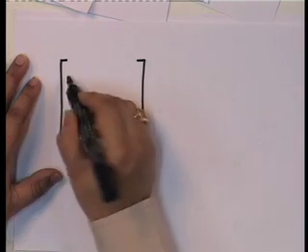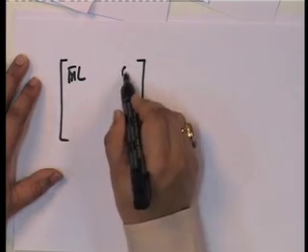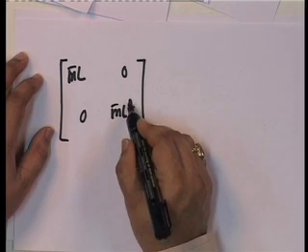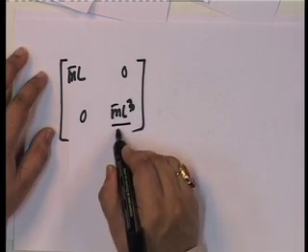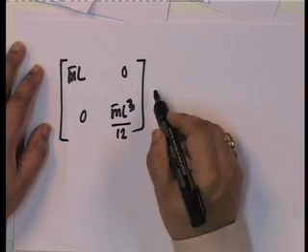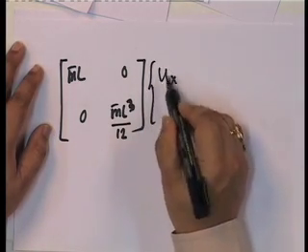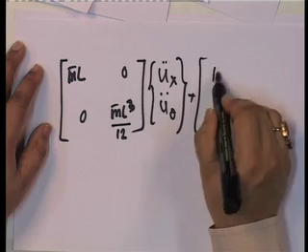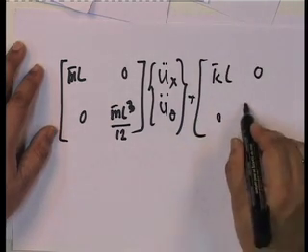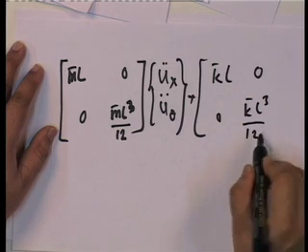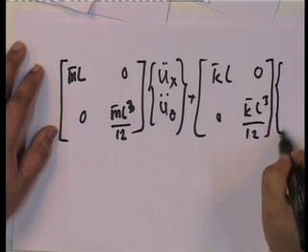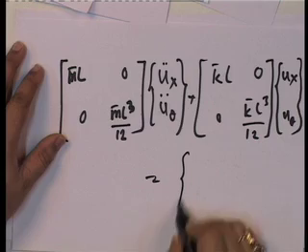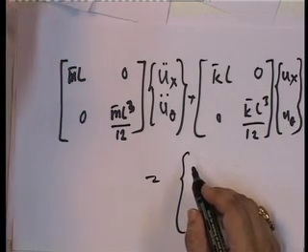It comes out as m bar L 0 0 m bar L cubed by 12, okay, u x double dot u theta double dot plus k bar L 0 0 k bar L cubed by 12 u x u theta is equal to, well, what did we get FP1 equal to?